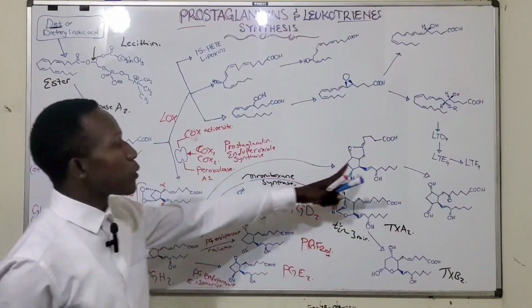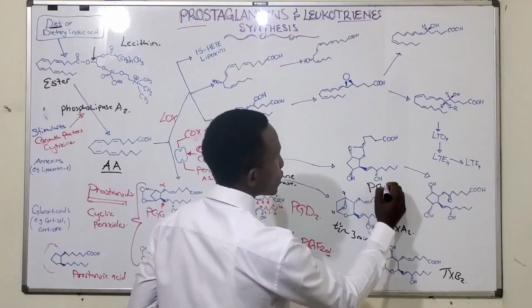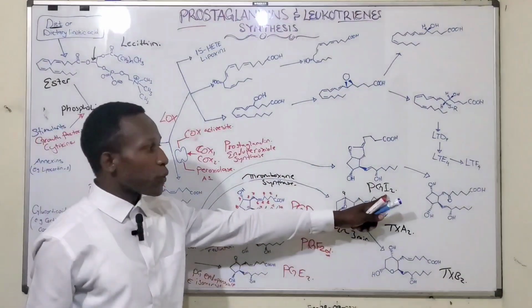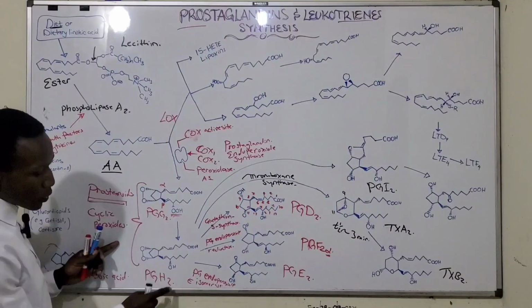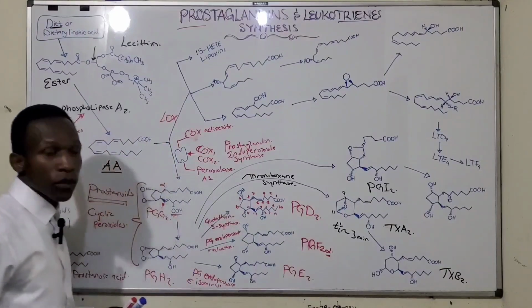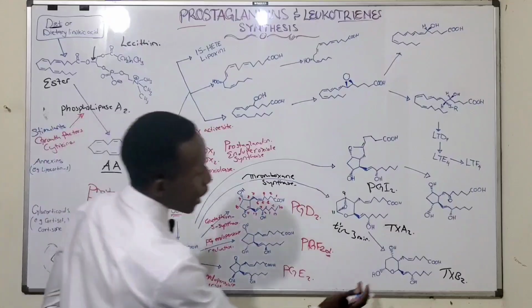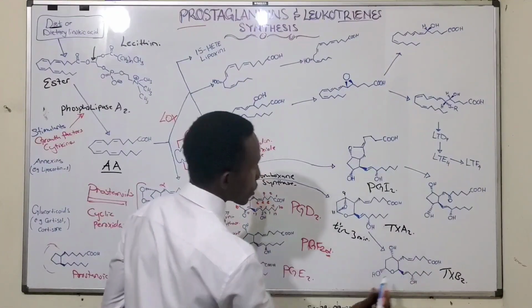Then this is prostacyclin, or prostaglandin I2. Also, you can see that we have prostaglandin G2, H2, E2, F2, D2. Why are they called so? It's because in the side chains we have 2 double bonds.